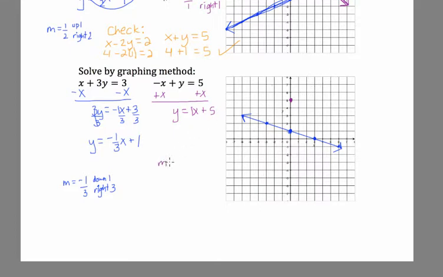Or your m number is 1, make that into a fraction. That's going to be up 1, right 1. For more practice on graphing lines, go back a couple modules. We practice graphing lines a lot.